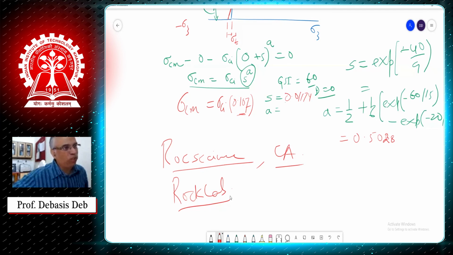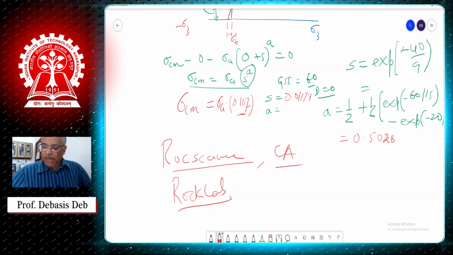What will be the value for the rock mass? Even they will give you the equivalent values for phi and C. What will be the values of phi and C in the field condition? That means with the rock mass.